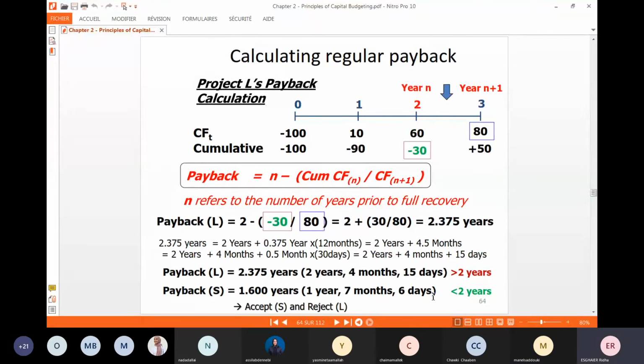If the projects are mutually exclusive, we need to choose only one project. In this case we choose the project whose payback is less than the other, the one that returns the money before the other.